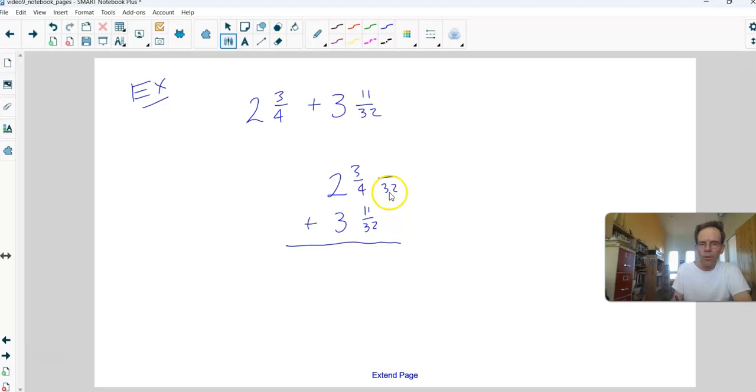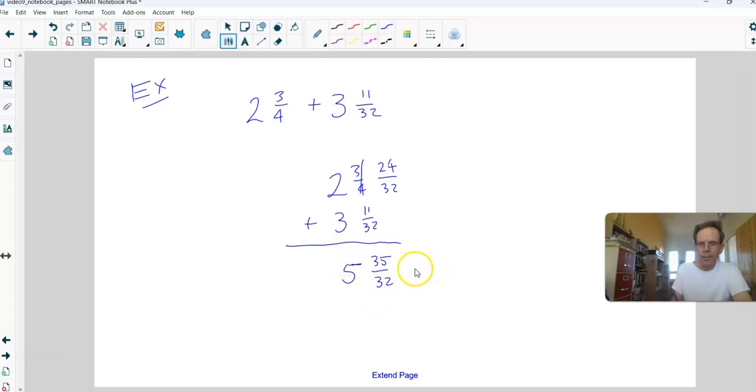So 4 goes into 32 8 times. 8 times 3 is 24. Okay. So we'll cross out 3/4 because now we have 24 thirty-seconds. Let's add the fractional parts. 24 plus 11 is 35. And the denominator is 32. 2 plus 3 is 5.